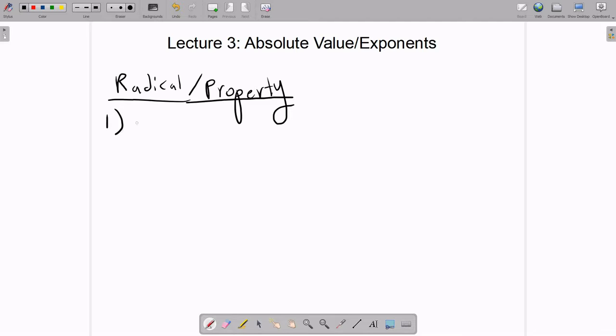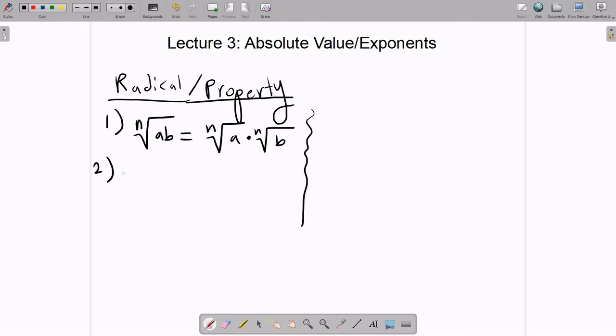With the first one, you have the nth root of the product inside the radical is equal to the nth root of a multiplied by the nth root of b. The second one is the nth root of whatever division or quotient on the inside, a over b, is equal to the nth root of a divided by the nth root of b.